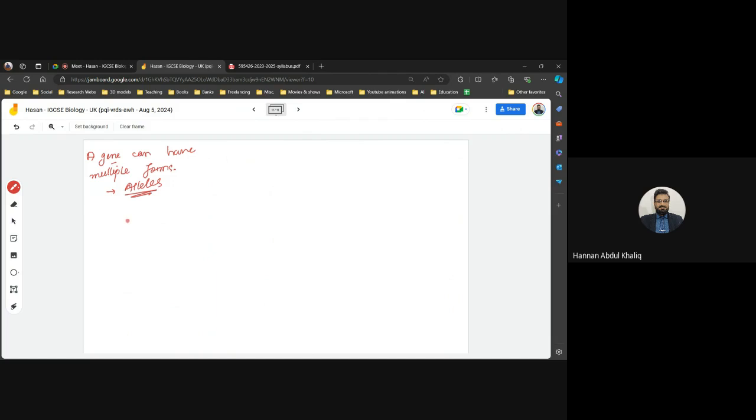How do we represent these forms? Suppose that the very early gene was represented as A. The mutation came and the other allele is represented as small a. The original gene was represented as B, but a mutation came, and the same B is now present in an alternate form, small b.